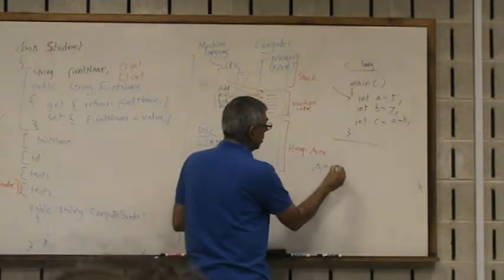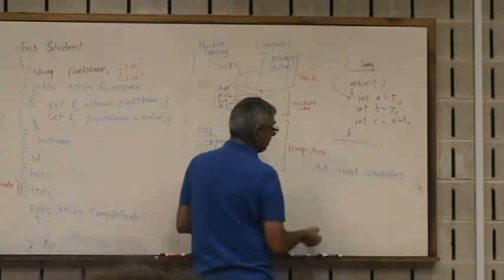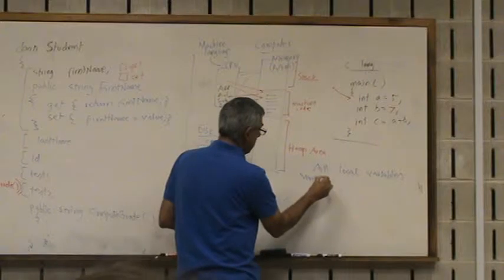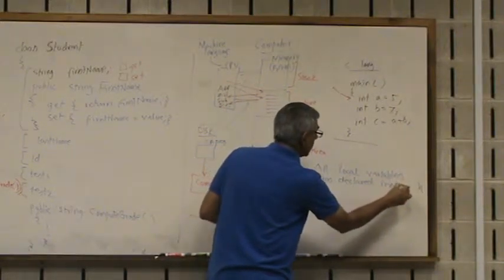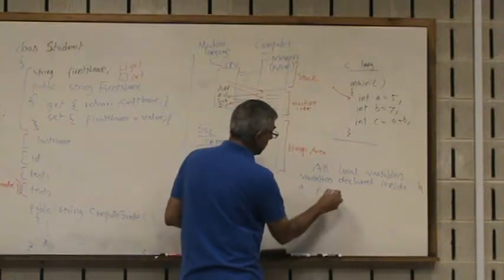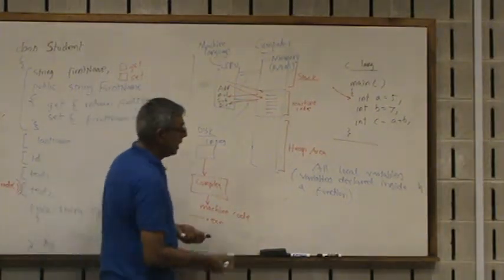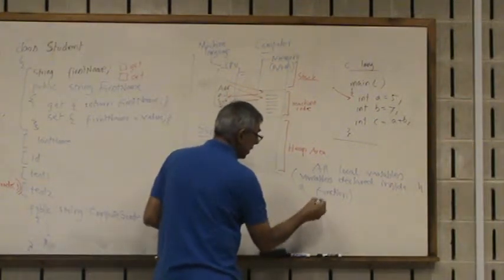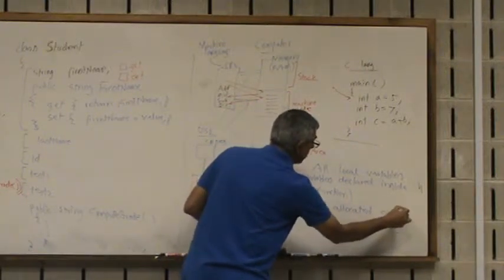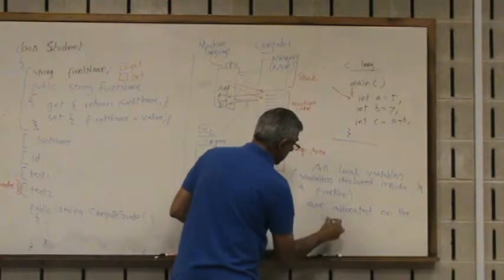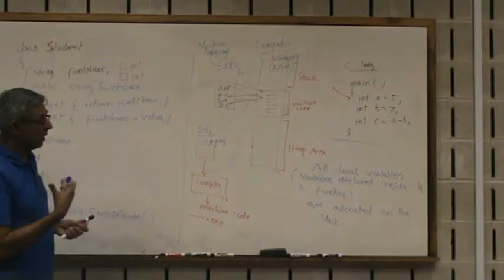So all local variables, meaning variables that are declared inside a function, are called local variables. The memory for these comes from the stack area. So all local variables are allocated on the stack.